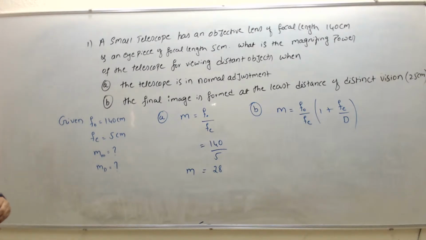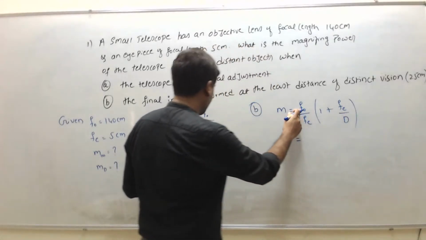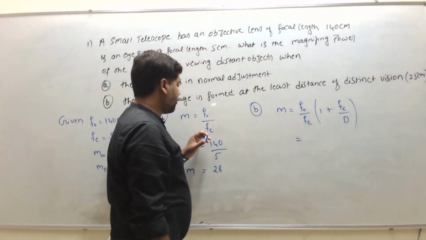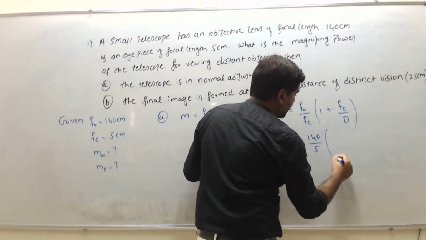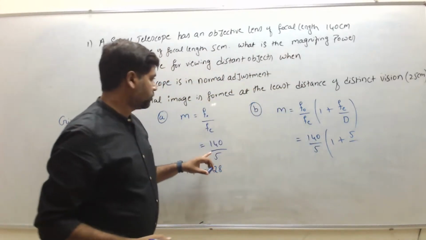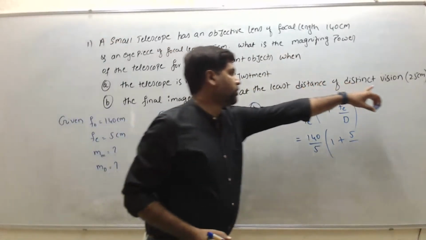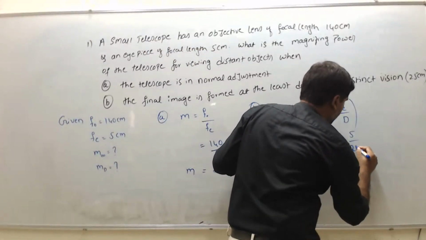Now we have to substitute the values. That is M is equals to 140 divided by 5 into 1 plus 5 divided by the least distance of distinct vision, that is d, the given, that is 25.